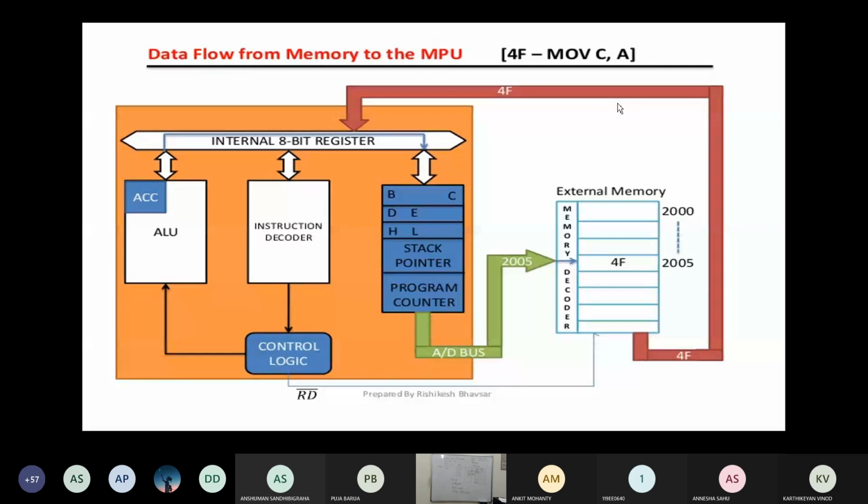Are you able to understand? The operation: fetch the data, store it in the instruction register, decode it, and then execute. Here the control unit is also there. The address lines are there and the data lines are there. Everything is working sequentially.